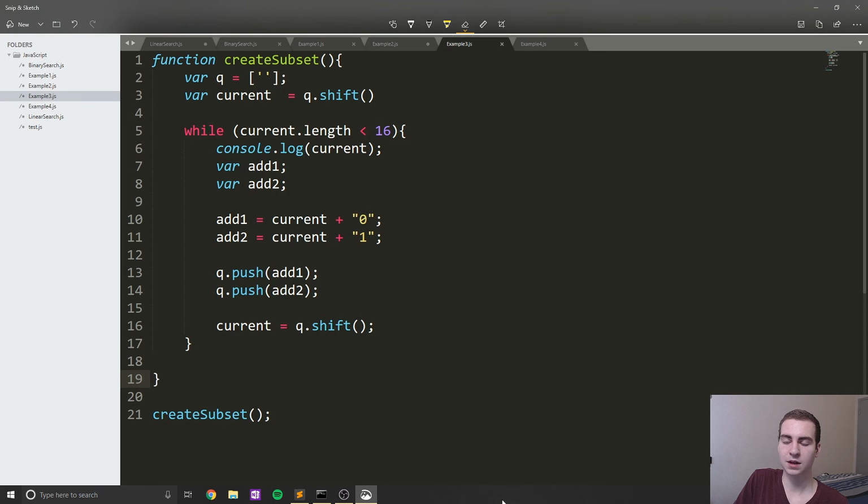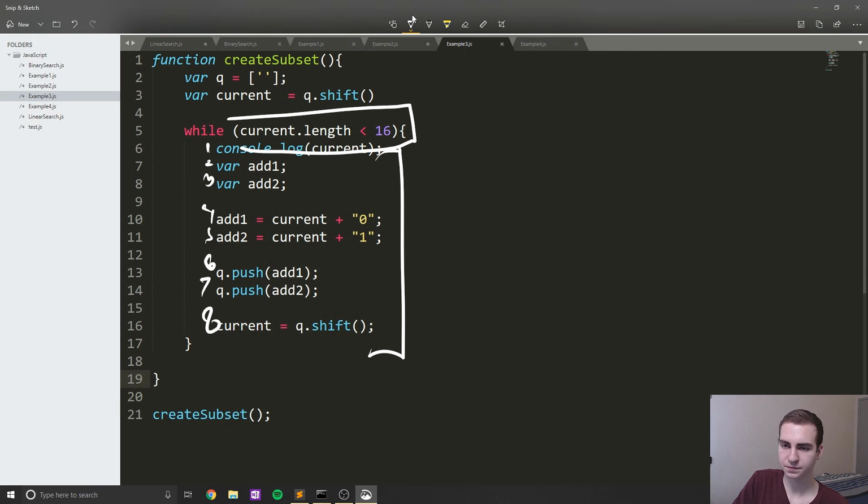Now, again, notice, right, like I'm doing all of this stuff in this loop. I'm doing 1, 2, 3, 4, 5, 6, 7, 8 operations every loop, and this loop is going to happen, well, 2 to the 16 times, okay? This happens 2 to the 16 times, multiplied by, how many operations is this? 8. Now here's the thing, right? 2 to the 16 is a massive, massive number.